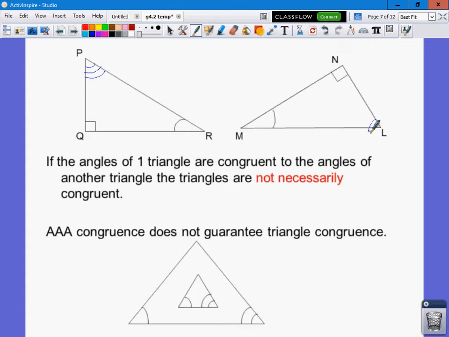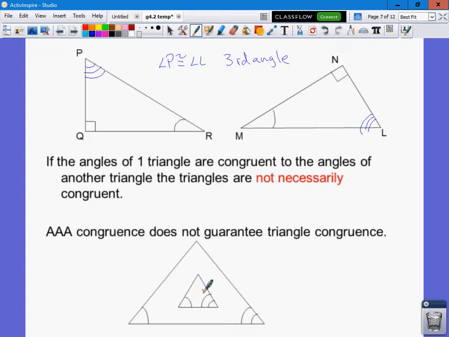It's congruent. I know that angle P is congruent to angle L by the third angle theorem. But do I know that the 2 triangles are congruent? No. And an example of that is in the picture below. Angle, angle, angle congruency is not guaranteeing triangle congruence.